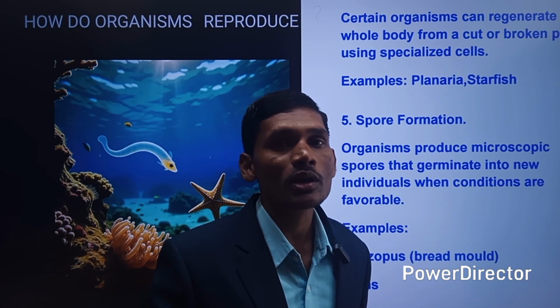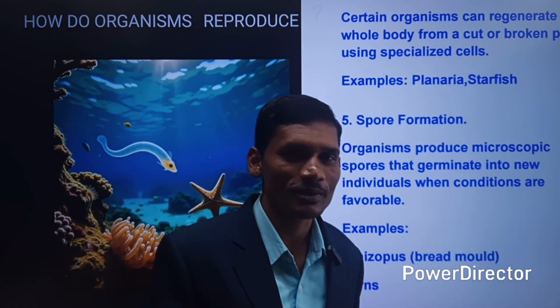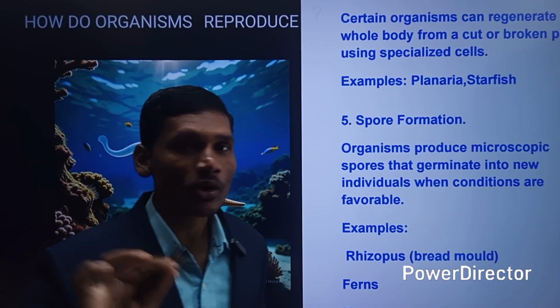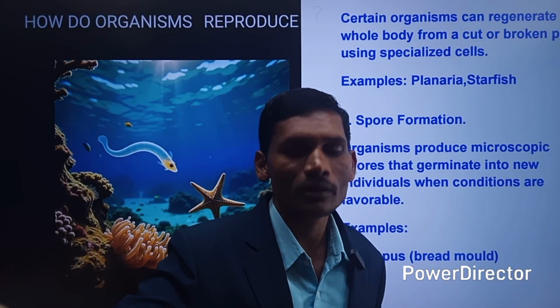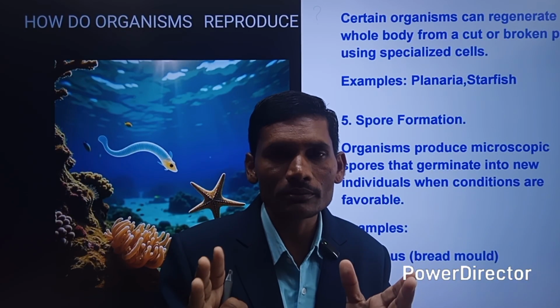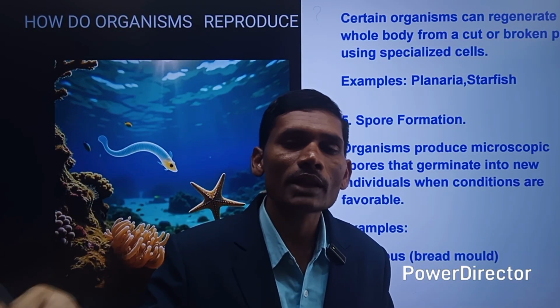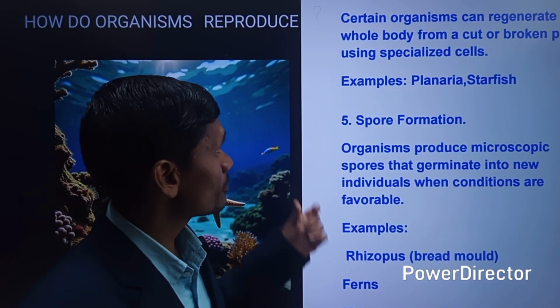But it is not depending on somebody coming to cut me so I can reproduce, that is not possible. So that is why it is not a method of reproduction, but it can cover up that missing part and become a whole organism, only that much.